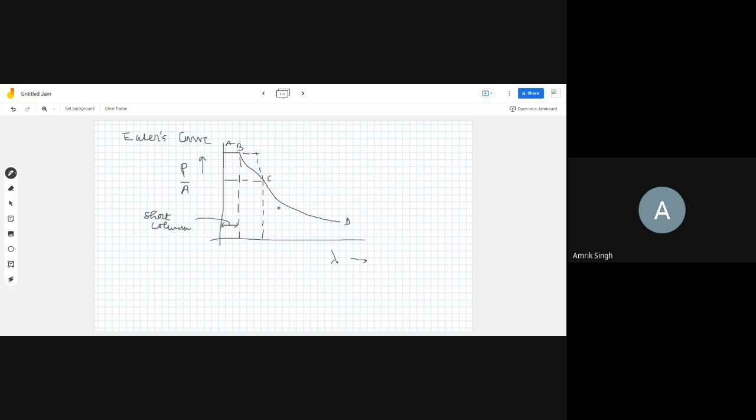This range will show the intermediate column. And beyond this, it shows the long column.